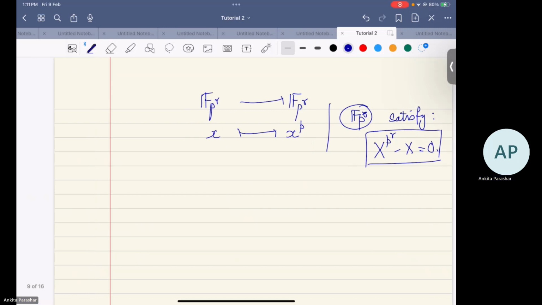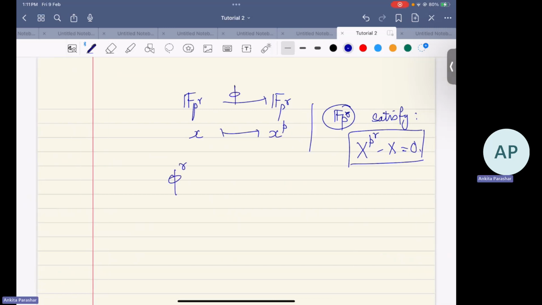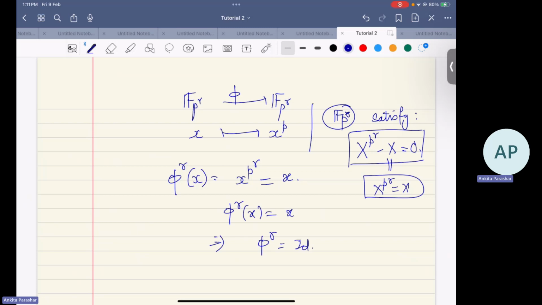Therefore, if we look at phi^r(x), this is nothing but x^(p^r). But from here, you know that x^(p^r) is the same as x, if we have any element from F_{p^r}. So what did you get? You get phi^r(x) is x. Actually, phi^r is the identity.